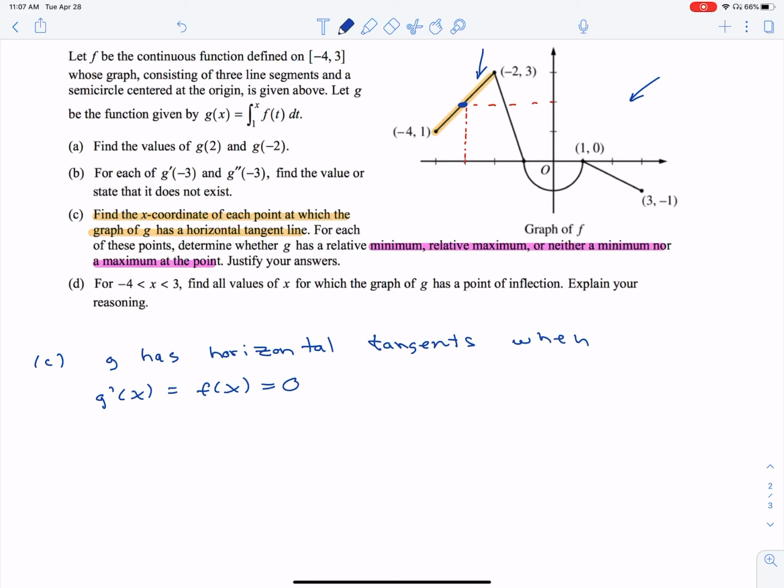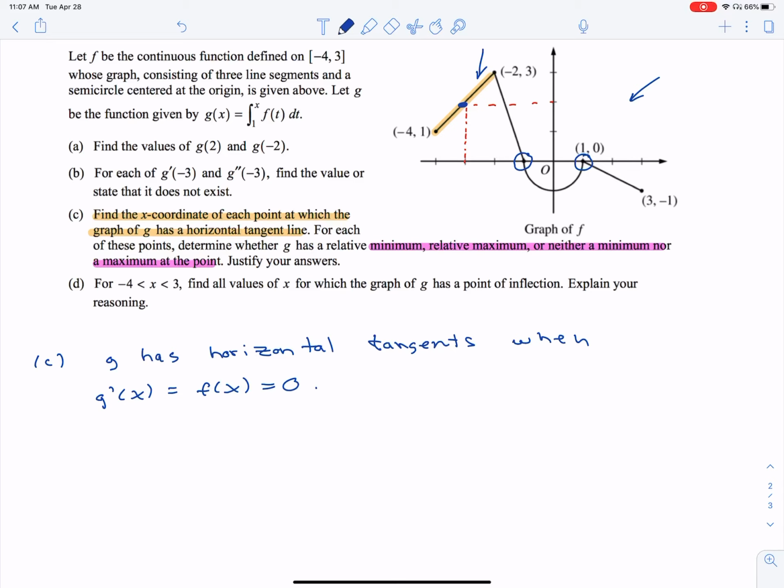So we've already established that g prime of x equaled f of x, but now I'm saying when f of x equals 0, right? But I can't just say f of x. I really want to point: here's g, here's what I'm looking at. Okay, so I think you'd agree there are two places where there have to be horizontal tangent lines, because there are two places where f of x equals 0.